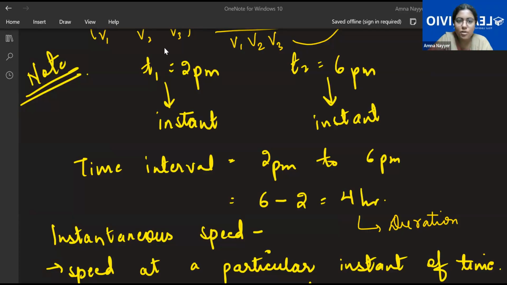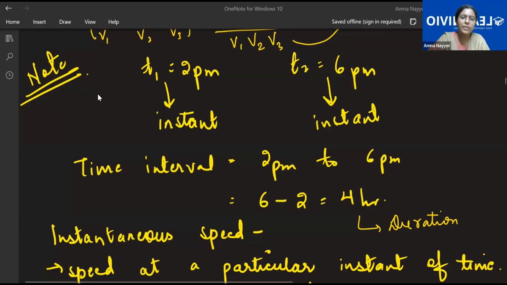These are two things. If I say you have to find the speed at 4.1 seconds, that's a time instant. If I say you have to find the speed at exactly 3 p.m., that's the time instant. Whenever you're talking about the time instant, you will have to use a quantity which we have studied, differentiation.